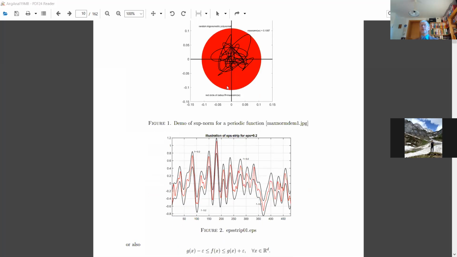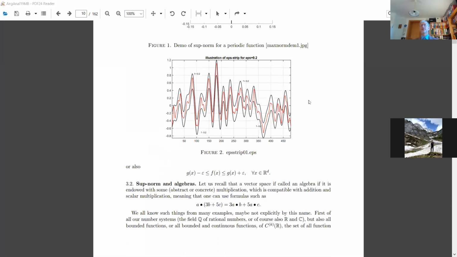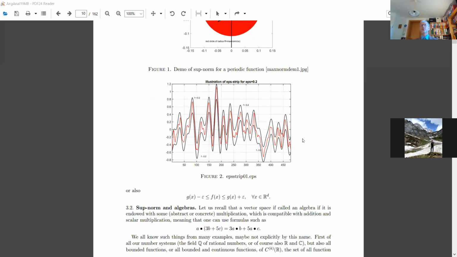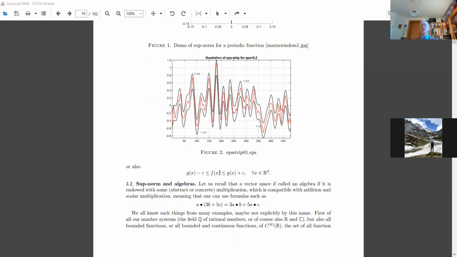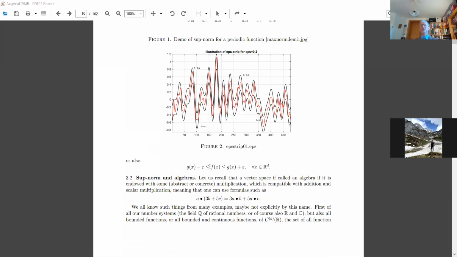Now, there are different ways of saying that the sup norm distance is small. I was taking two functions, and those two functions are compared, and I'm saying the sup norm distance between g and f is just epsilon. Now again, if you have two complex valued functions, it's not so easy to visualize.